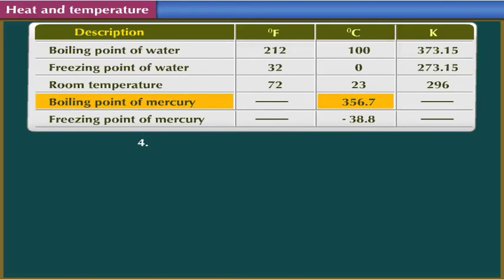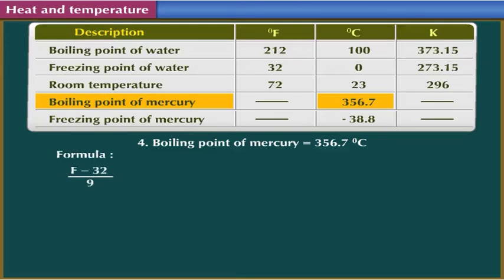Next is boiling point of mercury. 4. The boiling point of mercury is 356.7 degrees Celsius. Let us convert it to degree Fahrenheit using formula F minus 32 upon 9 is equal to C upon 5. Thus, F minus 32 upon 9 is equal to 356.7 upon 5.